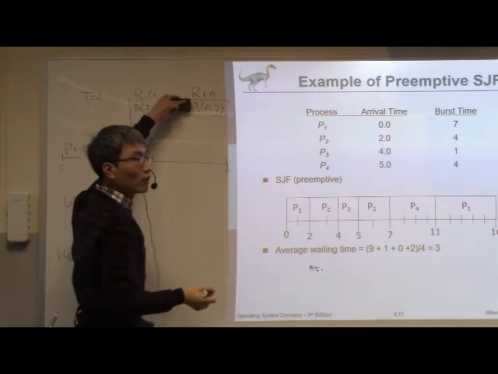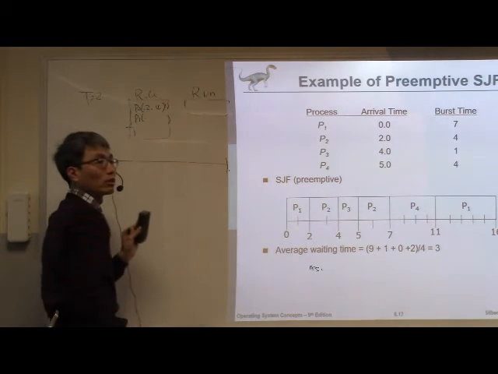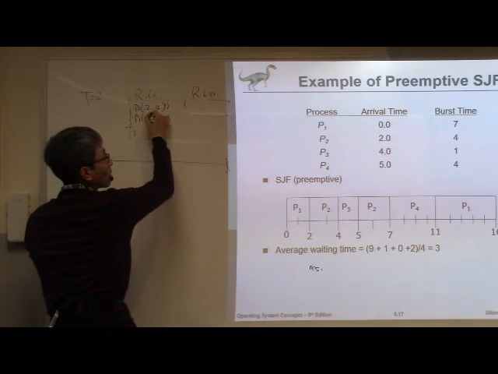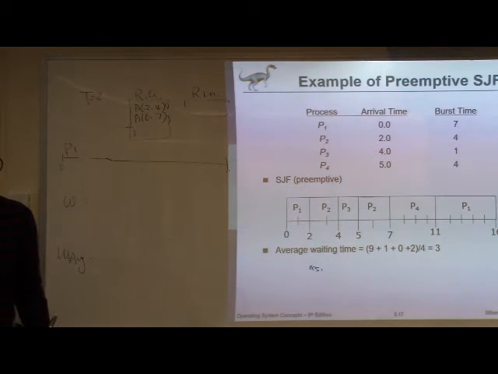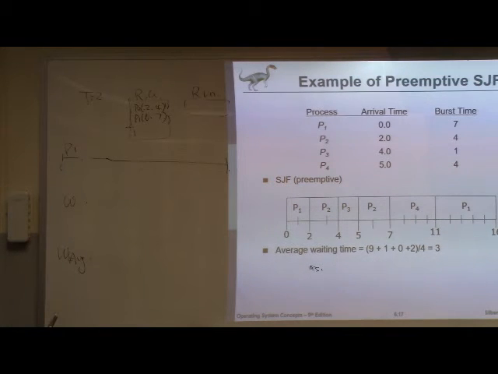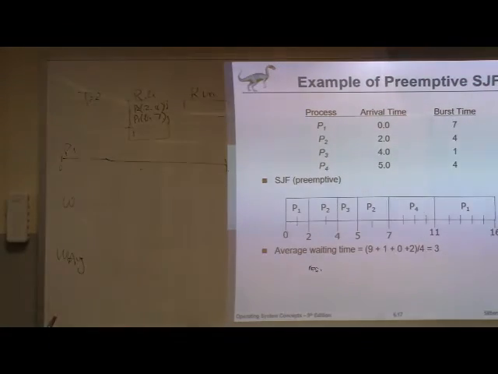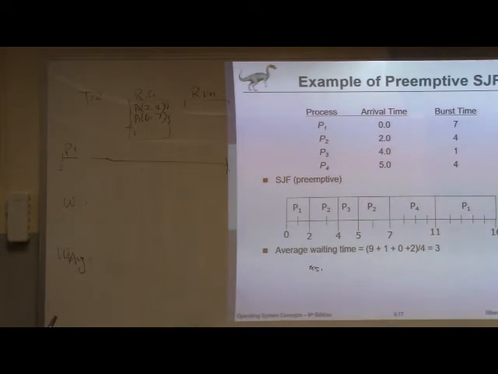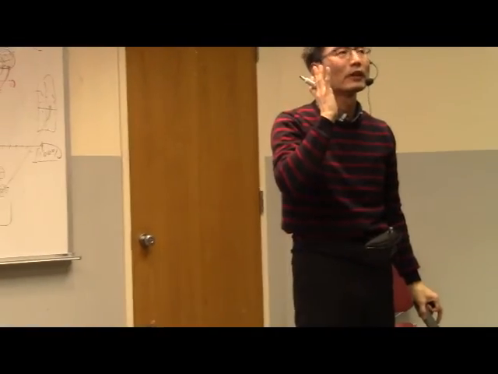Then P1 moves back to the ready queue. It's 0, 7. Okay? Now P1 is first. Since P2 arrived, the dispatcher starts using an interrupt.